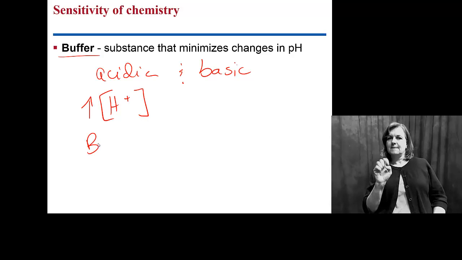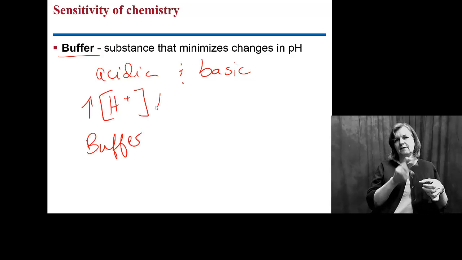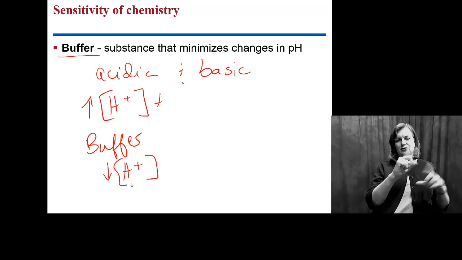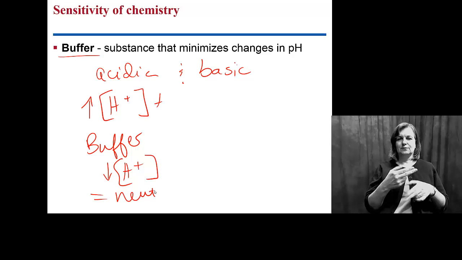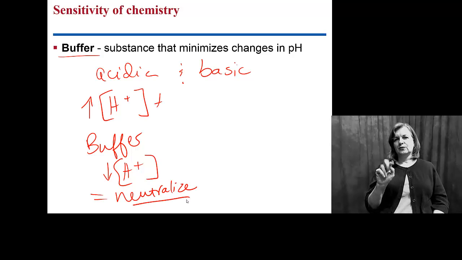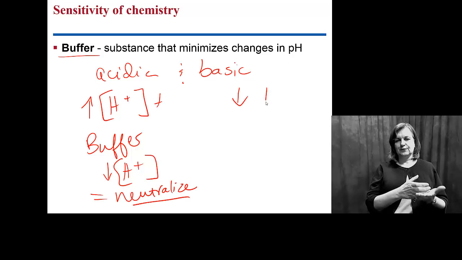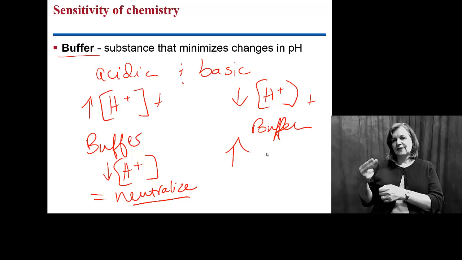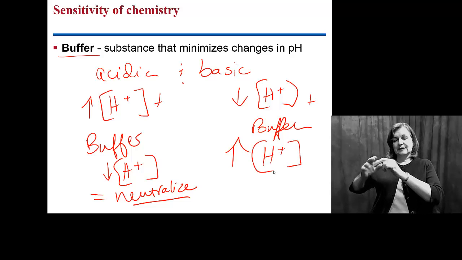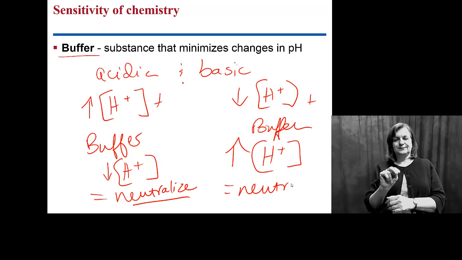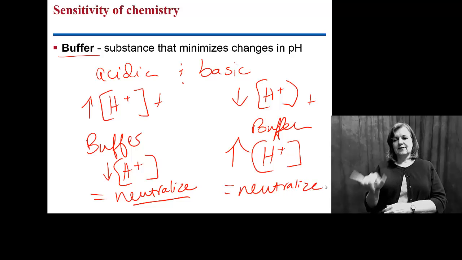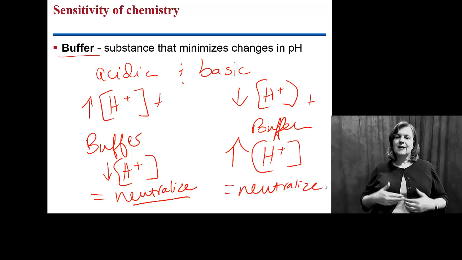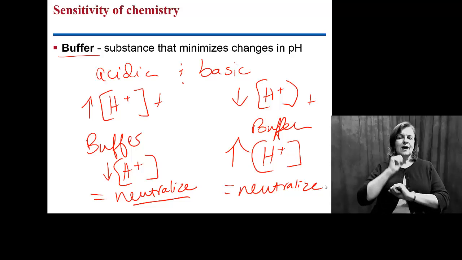So if we add a buffer to that, we're actually going to decrease the hydrogen concentration, or do what we call neutralize that solution. Basic, the hydrogens are too low. So if we add a buffer to that, we're going to increase the hydrogen concentration and again neutralize that solution. Your body is doing this all day long.